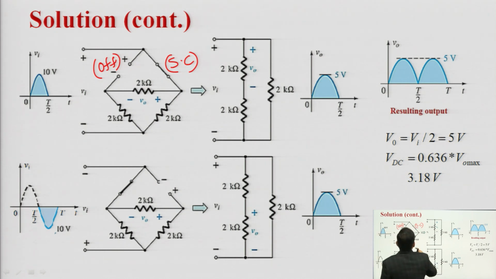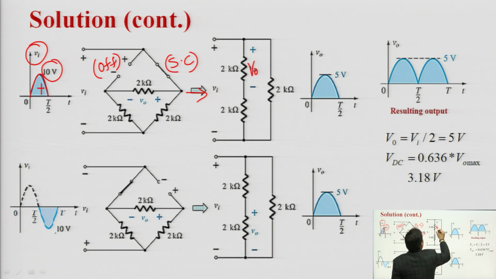We redraw this circuit like this, and Vi is 10 volt during the positive half cycle. So this is V out. The maximum value is Vm equals to 10 volt.